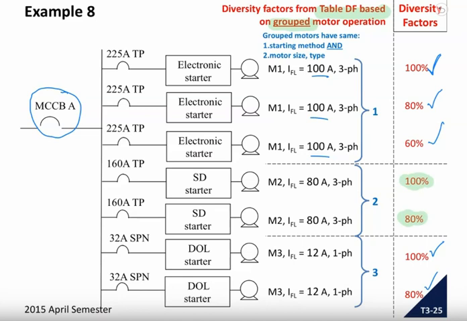Okay. So is the idea of diversity factor. What is new today is how do we apply the recommended diversity factor to different groups of motors as shown here. So I will wait for questions, if any.